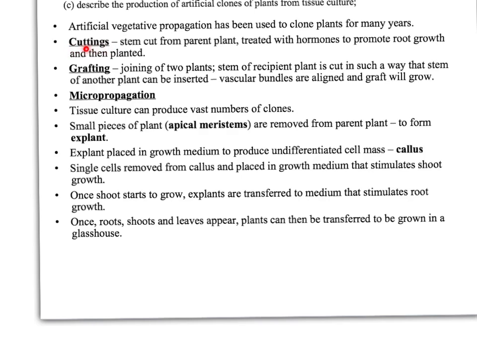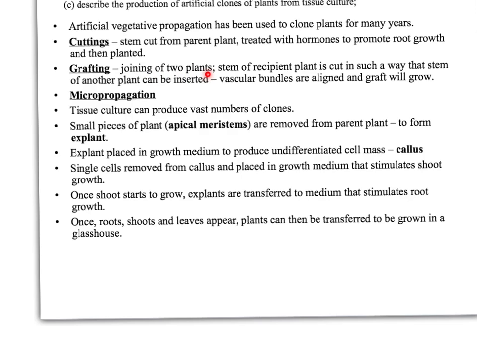A lot of gardeners will do this to avoid the expense of buying new plants from very expensive garden centres. Grafting is another thing that can be done, which is when we join two plants. Plants don't have the immune system issues that animals have, and therefore we can graft bits of plants onto other plants.